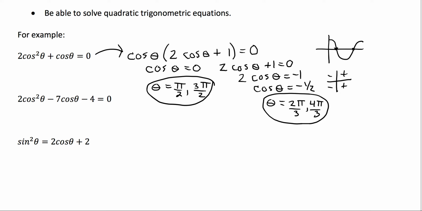Looking at our second problem, we notice that we have all cosines, so we should be able to factor this problem into double parentheses. The only way to make 2 cosine squared is going to be 2 cosine theta and 1 cosine theta.